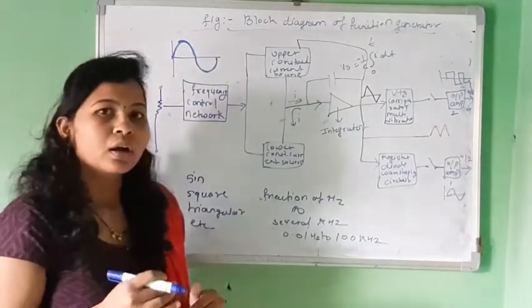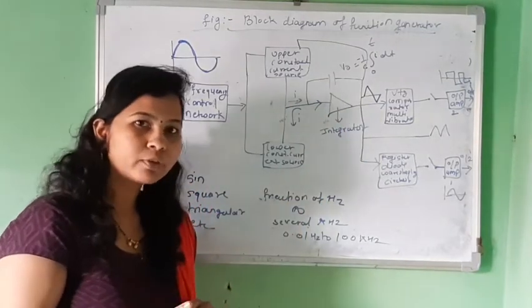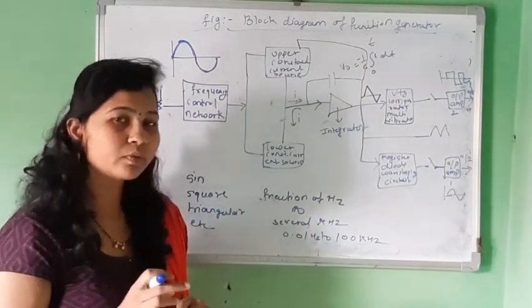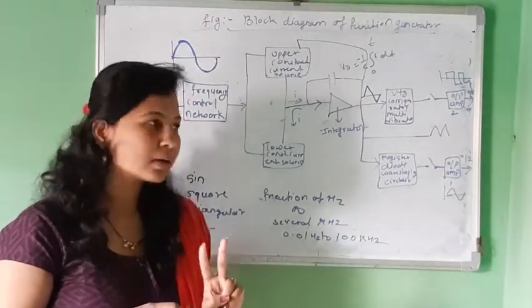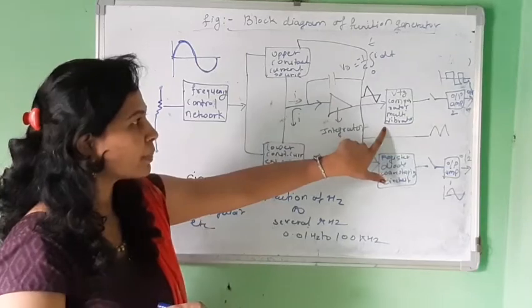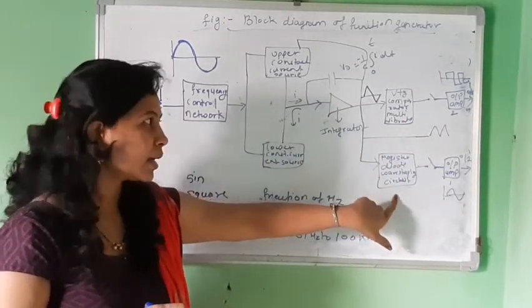Now if we want to convert this triangular waveform into a square waveform and a sine waveform, what do we have to do? We have to connect two more circuits: the voltage comparator multivibrator, and second, the resistor diode wave shaping circuit.